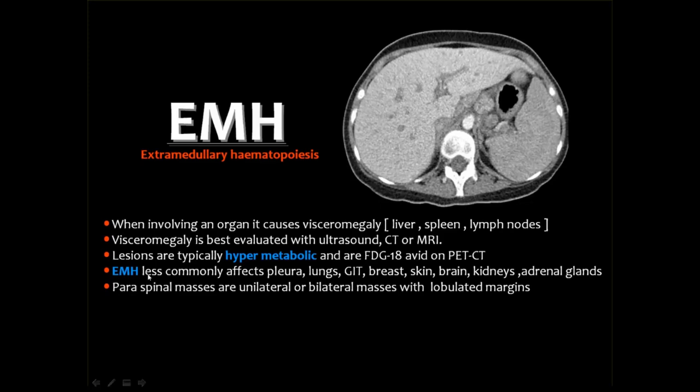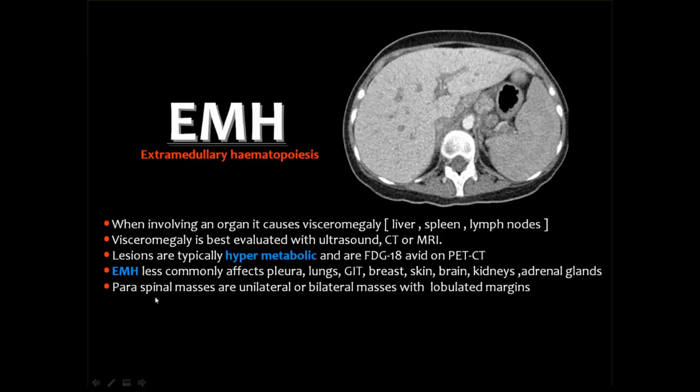Extramedullary hematopoiesis less commonly affects the pleura, the lung, the gastrointestinal tract, the breast, the skin, brain, kidneys, and adrenal glands. But these are the common areas to be affected beside the skeleton.